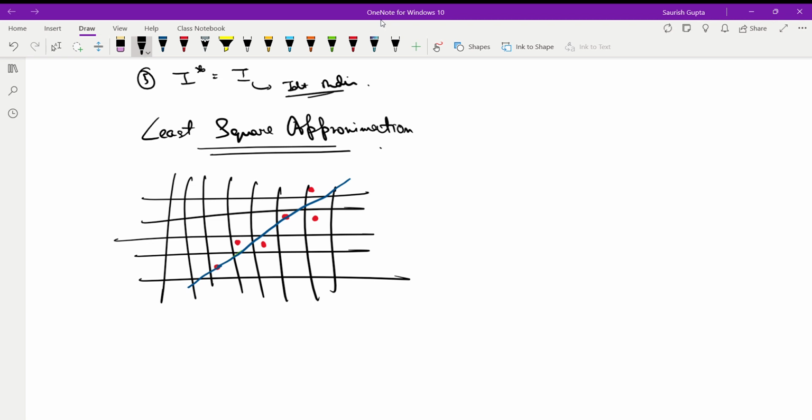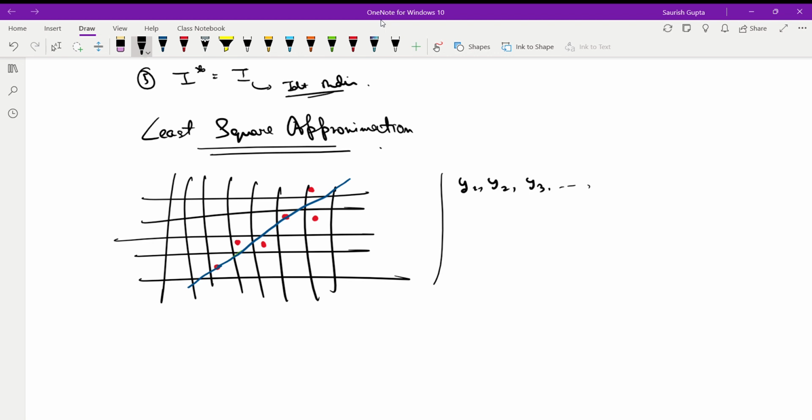Suppose you are doing some experiment and you get some set of data, which you actually did here. You get some data, let's say y1, y2, y3. You can consider them to be any physical quantity which depends on time.